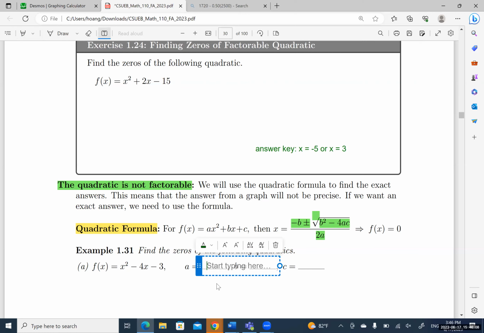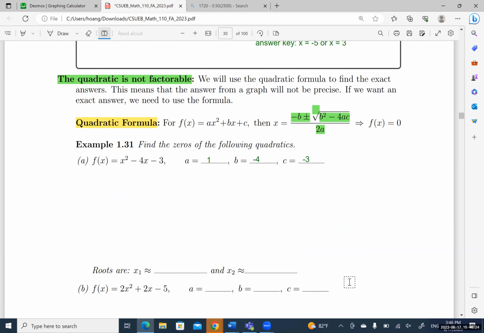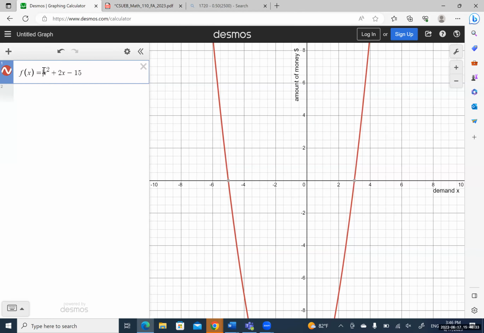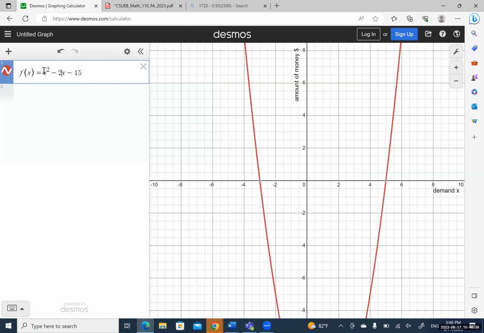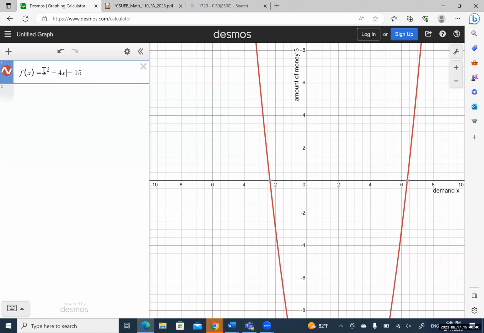So a is 1 in this case, you see that it was 1 here. b is negative 4, and c is negative 3, right? Why don't we just find the answer key first: x squared minus 4x minus 3.